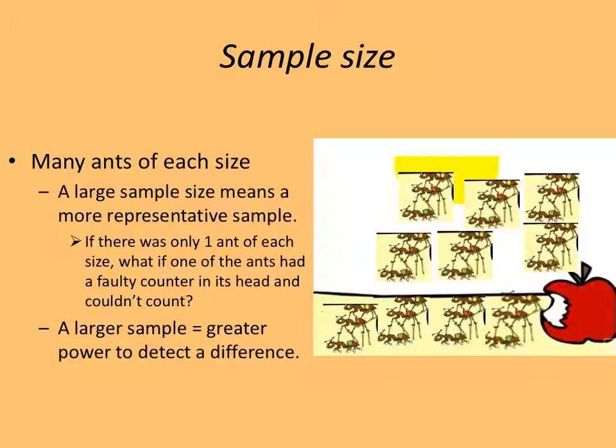If you have some faulty ants, it's no big deal. For the most part, you're going to get results that actually show that the ants can perhaps count. Okay? Now, you have to make sure in terms of sample size to always have as large a sample as possible. But it's not always possible.